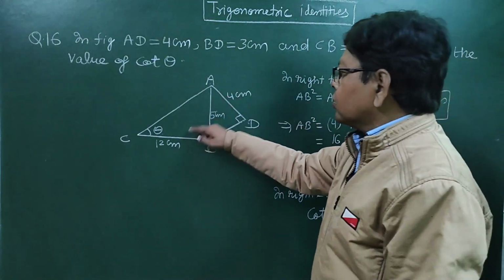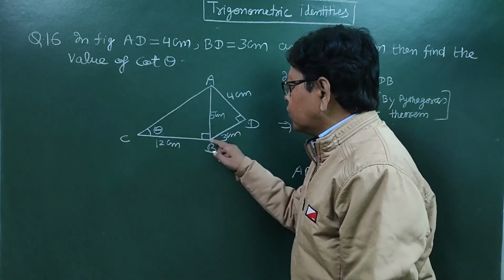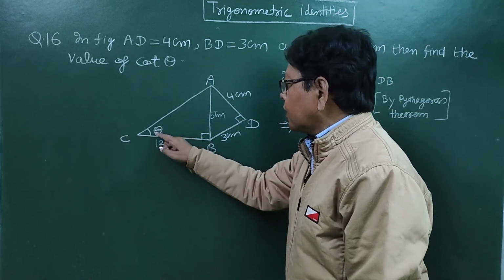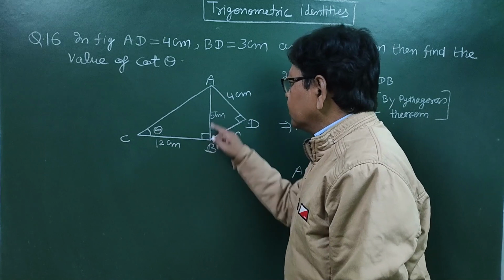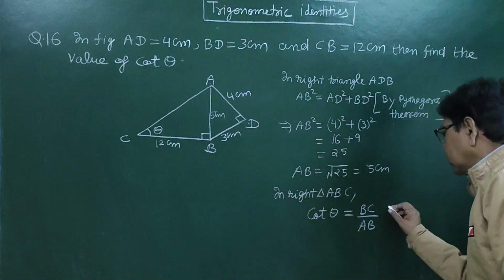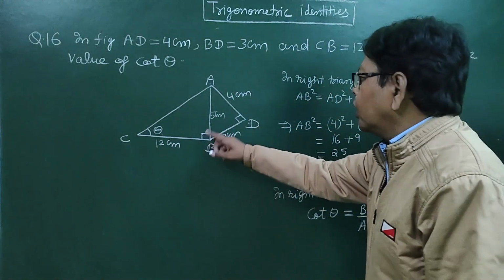Among the perpendicular sides, the side which is adjacent to the angle is the base, and the side opposite to the angle is the perpendicular. So this is equal to BC is 12 upon 5.